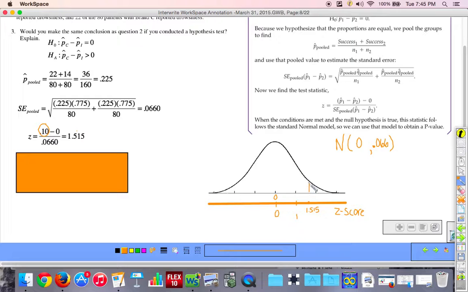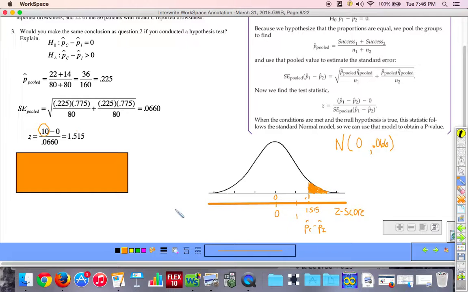So now I have a great idea where on the curve this 0.1 would lie. Right, there it is, 0.1. And again, that 0.1 represents the p-hat of brand C subtract the p-hat of brand I, and we're comparing that to there being no difference, the difference being 0.